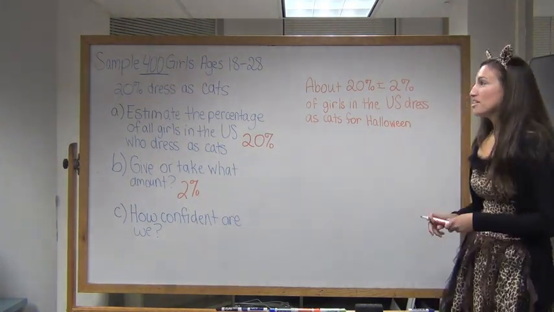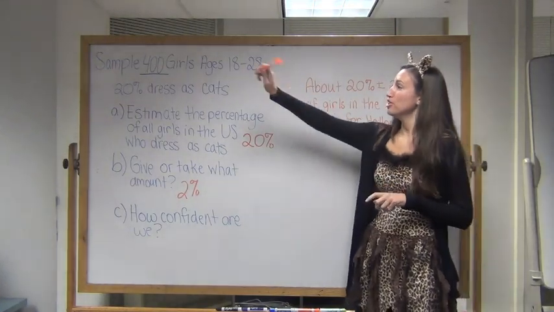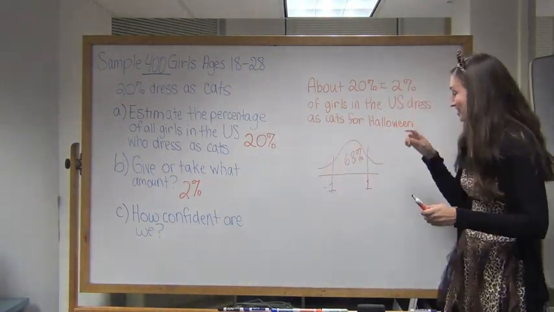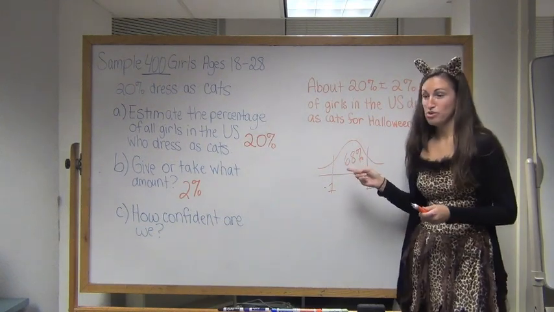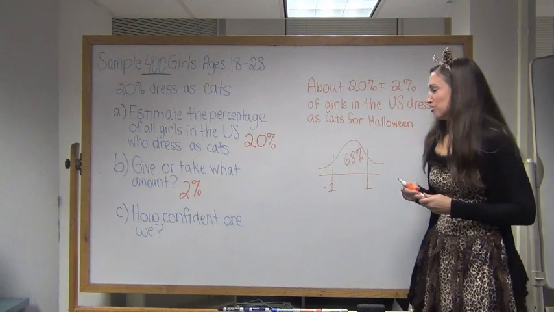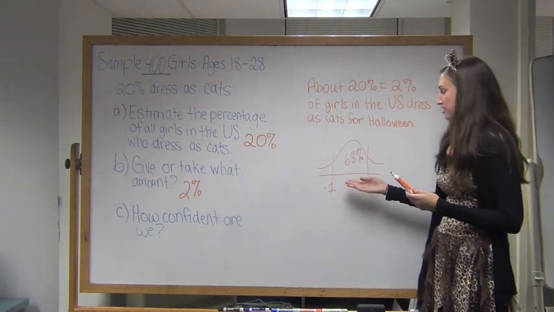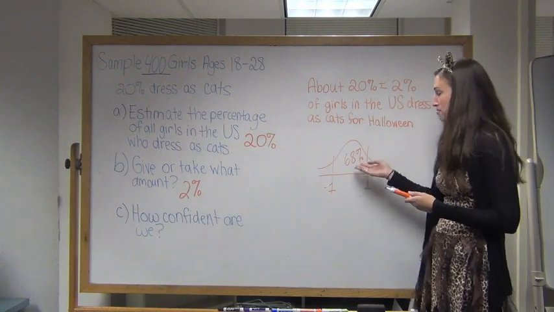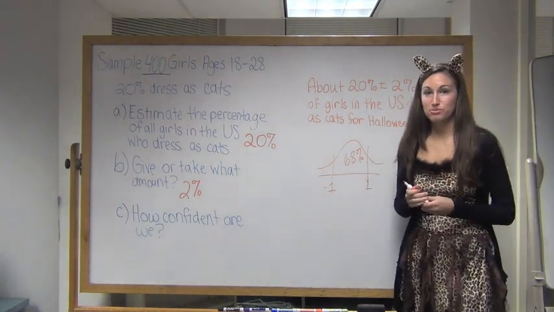And we know that if a bunch of people took samples of 400 girls, 68% of them would lie within one standard error of the true percent. We know this because if we have z-scores of 1 and -1, the middle area corresponding to that is 68%.